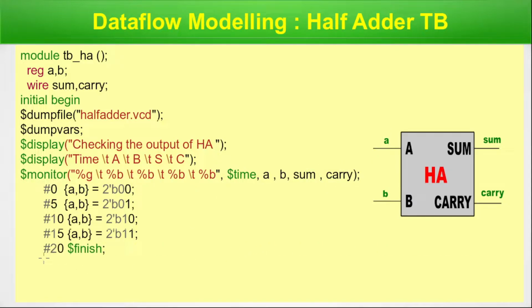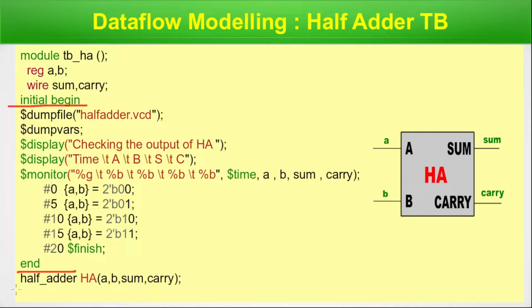Here at 20 time units, we do the finish. This $finish keyword finishes the simulation, and it finishes the time-wise simulation after 20. So when we add 0 plus 5 plus 10 plus 15 plus 20, at that time unit the finish will occur. We end our initial block here with this end.